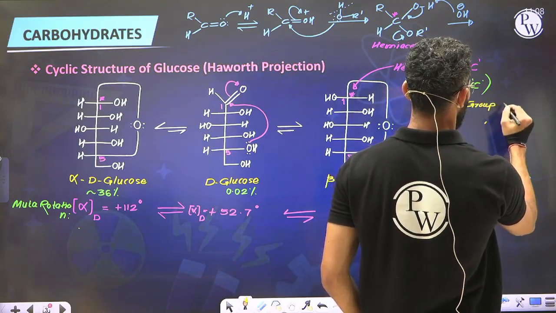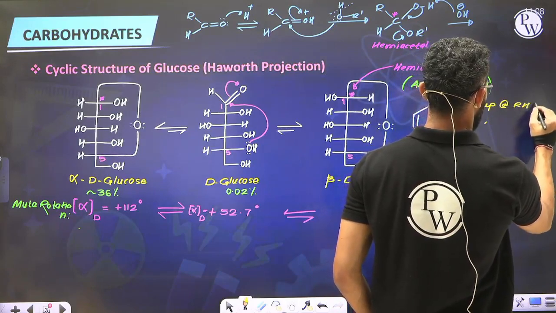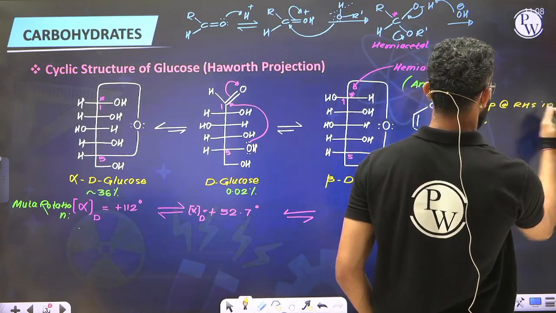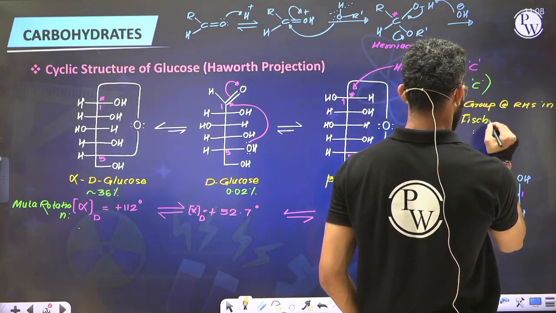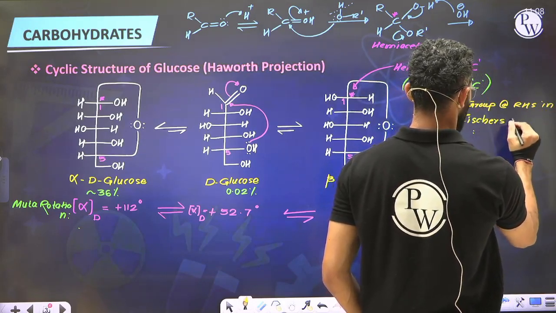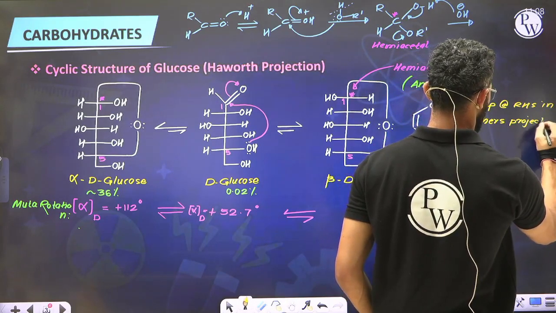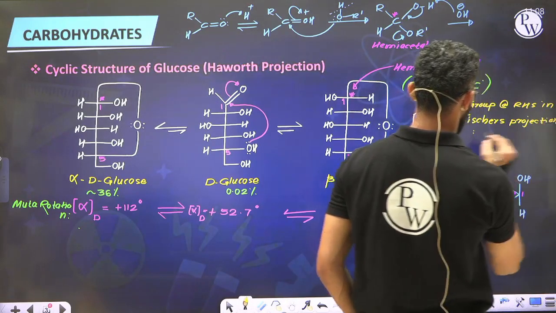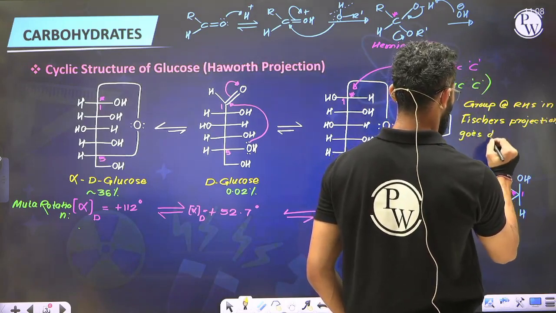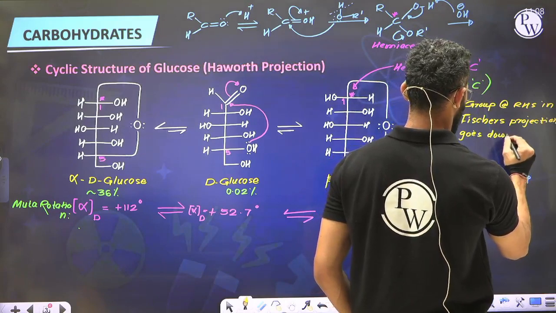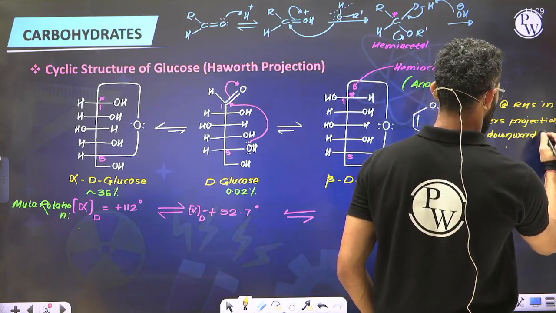Group at RHS in Fischer projection goes downward in Haworth.